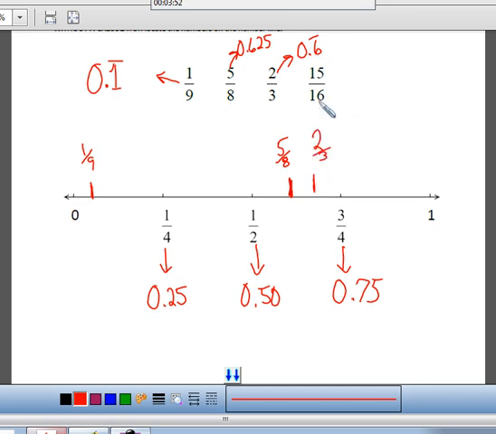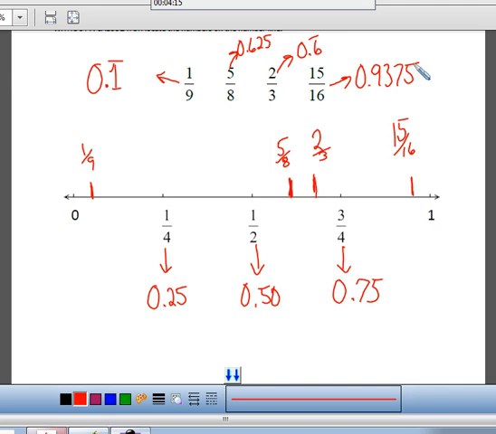Now 15/16. Well, that's almost 16/16, which would be 1. So we'll say that's a little bit less than 1, 15/16. If we needed to know the decimal for that, it's 0.9375. Now remember, the lesson target was to estimate.